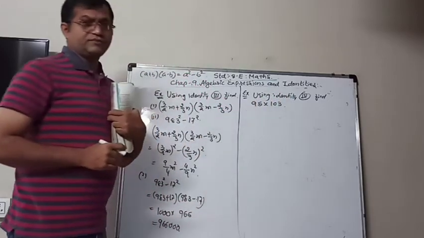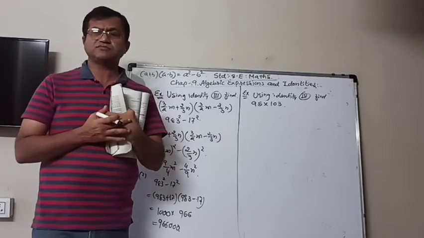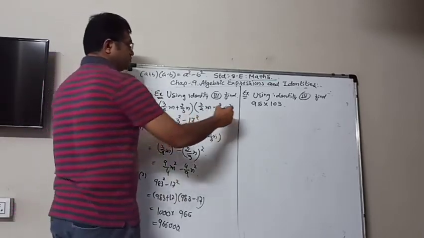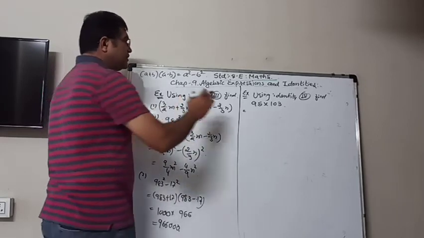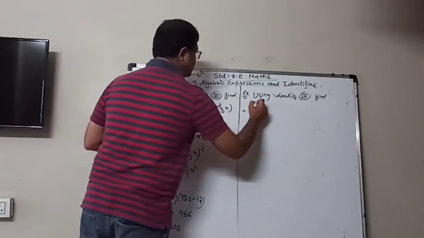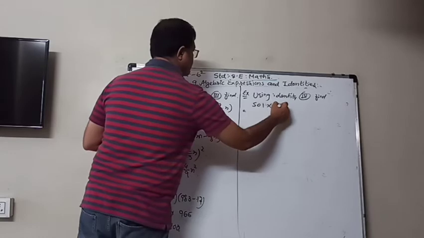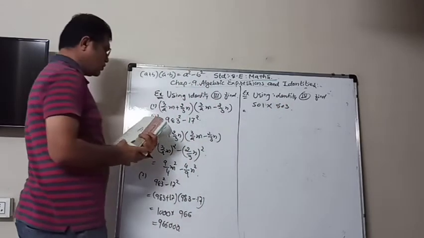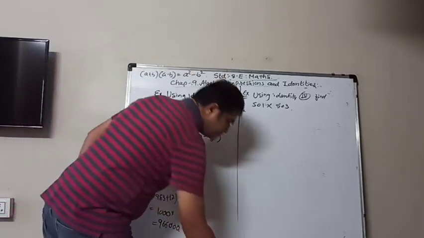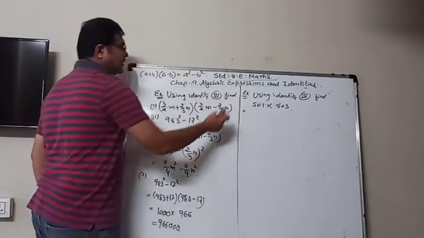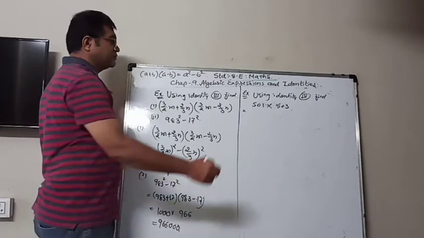Now you can see that these two numbers are such that, let's first take some easier sum: 501 multiplied by 503. Now you can see here that both numbers are nearer to 500.